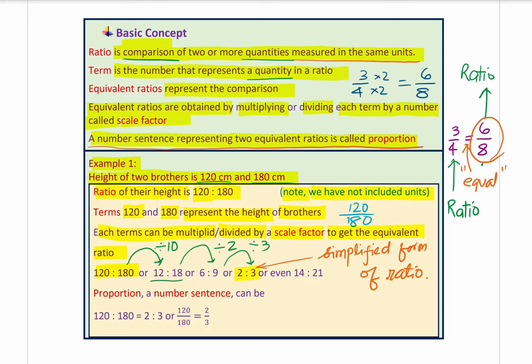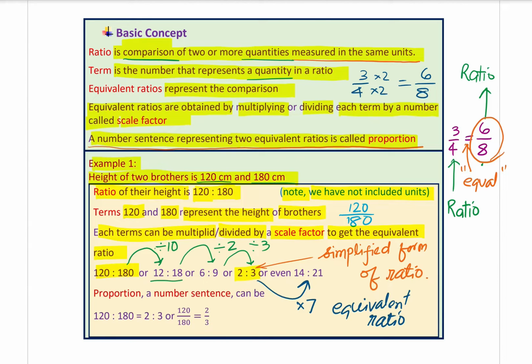So that becomes a simplified form. Well, there could be examples where we may multiply and get a new ratio. For example, here from 2 is to 3, we multiplied by 7 and we got an equivalent ratio. Correct? So these are all equivalent ratios.